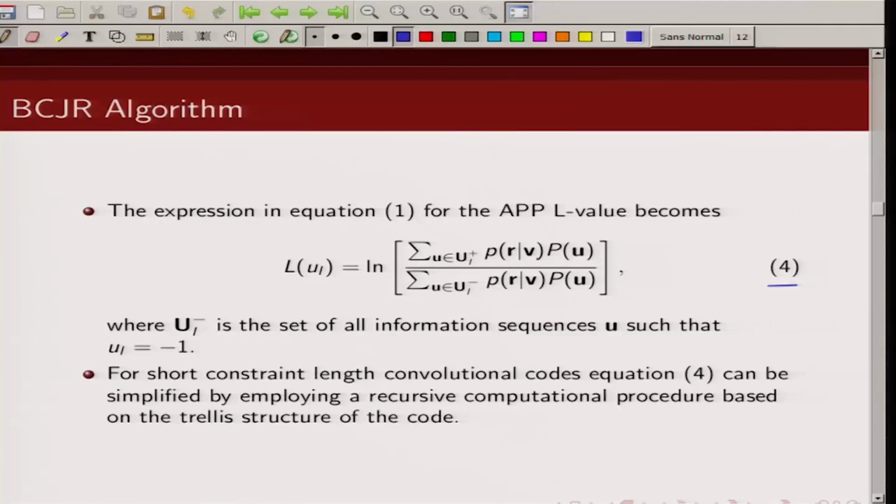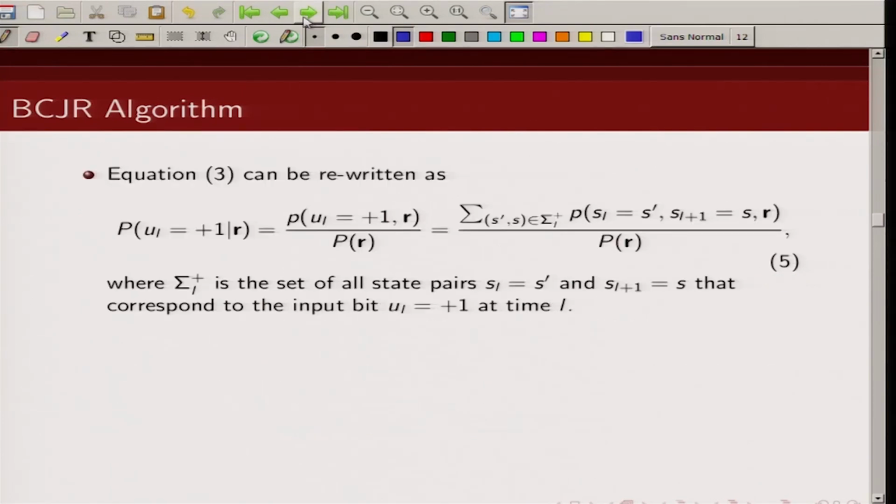We can simplify this expression using our valid state transitions. So, let us see how we do it.